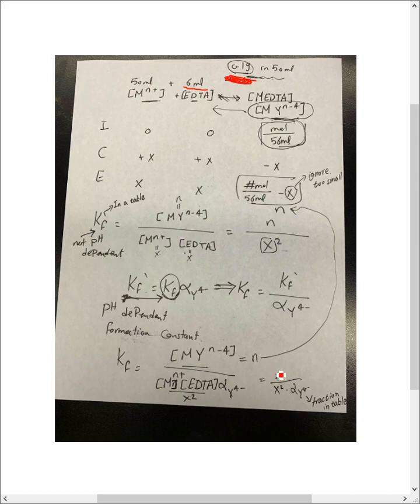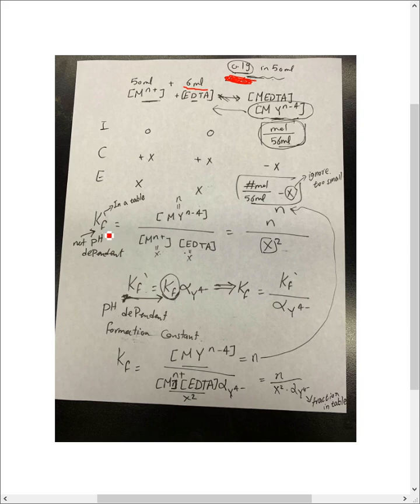We also need to know how to calculate x squared, and we also need to know how to get this alpha fraction thingy. So here, Kf prime. This Kf prime is not pH dependent, and we can find this Kf prime in a table, so it's known. We don't calculate it. We still need to do a little bit of a conversion, but it's easy. We consider this a known value.